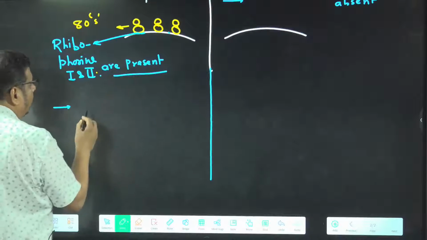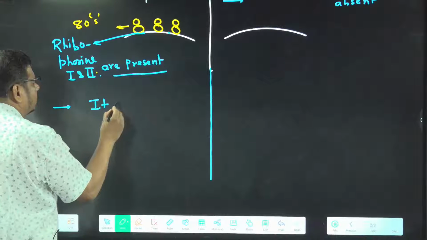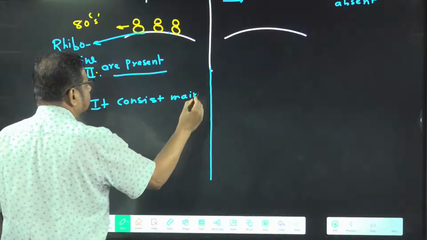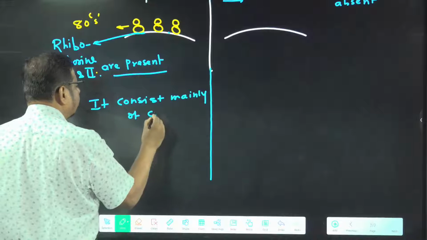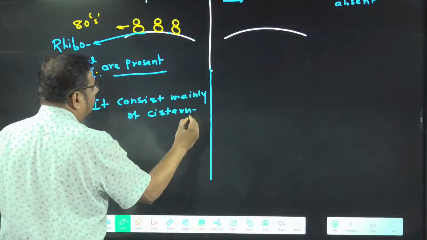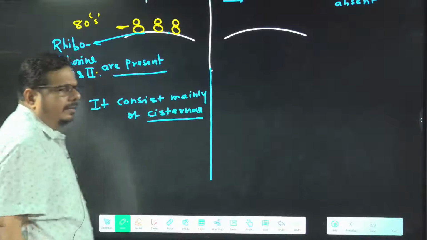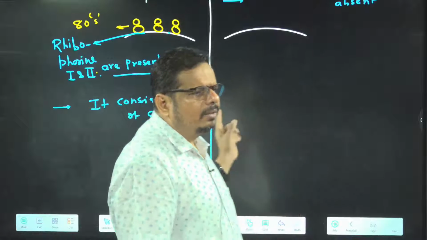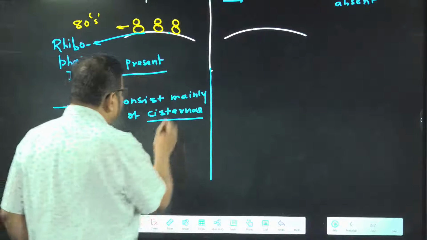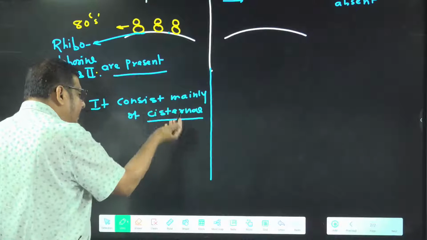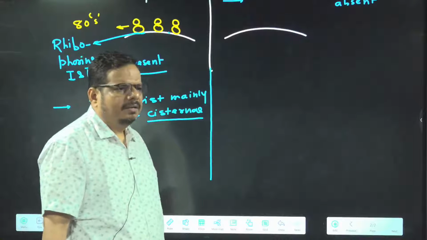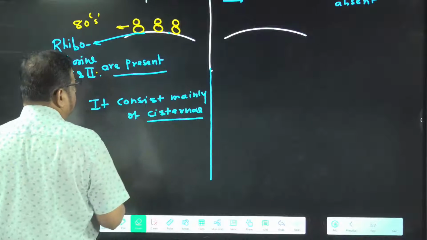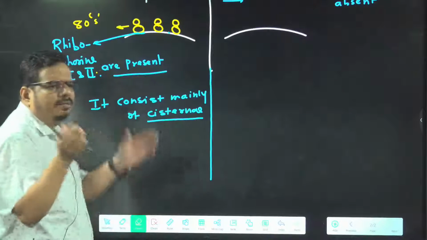So if you talk about RER, it consists mainly of cisternae. I told you, in endoplasmic reticulum, three components are there: cisternae, vesicles, and tubules. So in rough endoplasmic reticulum, more part is made up of which one? It is mainly made up of the cisternal part. It consists mainly of cisternae, or you can say cisternae are present in more amount.